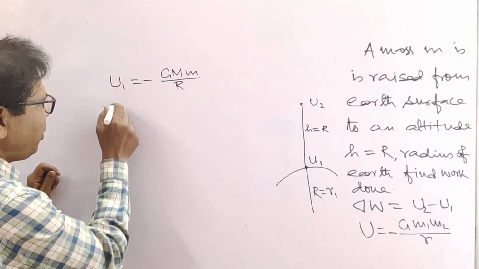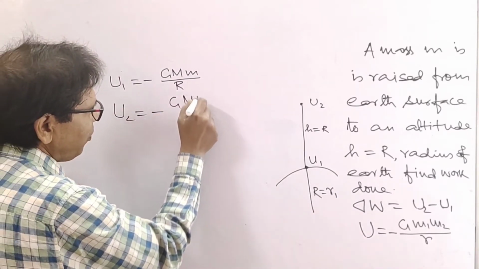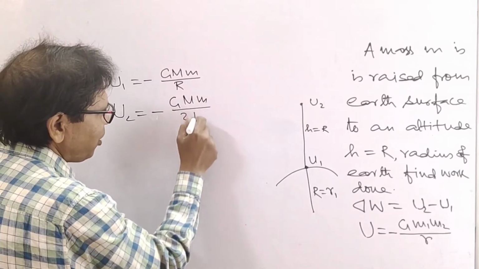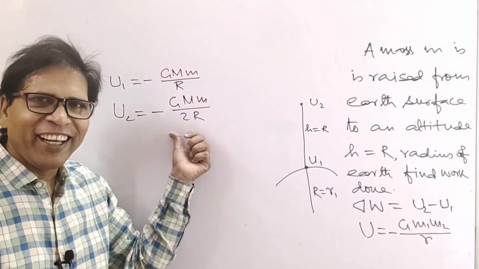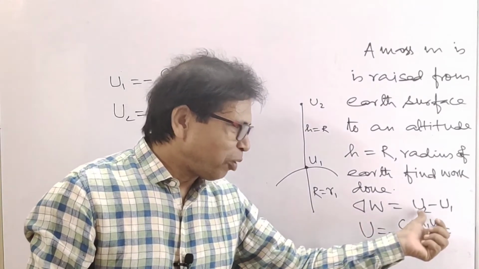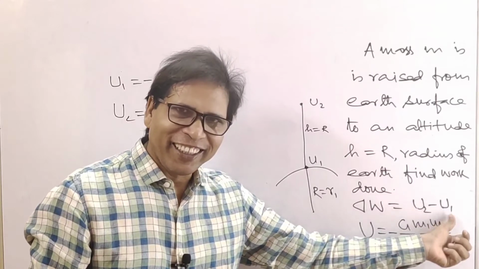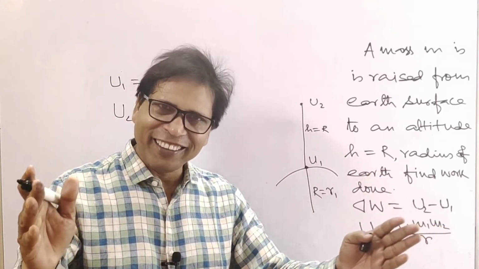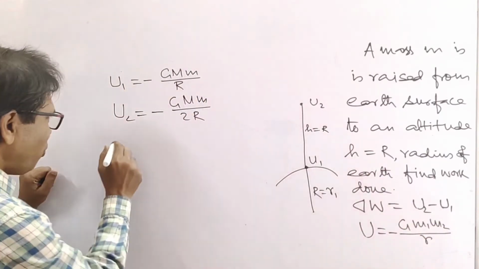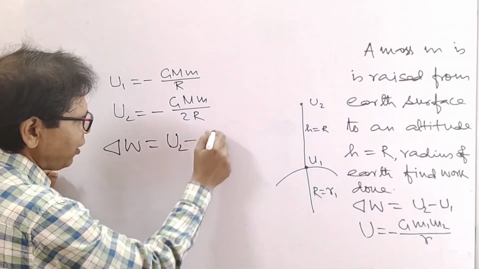So look at this, U2 becomes minus G capital M small m divided by 2R. Understood? Now the work done. Work done is the potential energy at the final position minus potential energy at the initial position. Understood? So look at this, work done delta W is U2 minus U1.